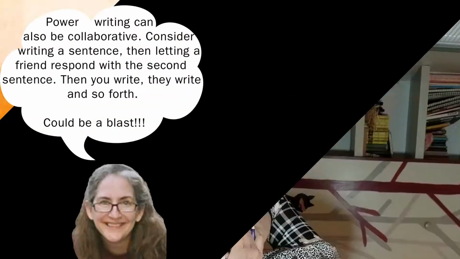My starter sentence for you is, today I woke up, and then you just go with it. I'm going to do this with you, and while I'm writing, I'll talk about what you can do with it when we're done.